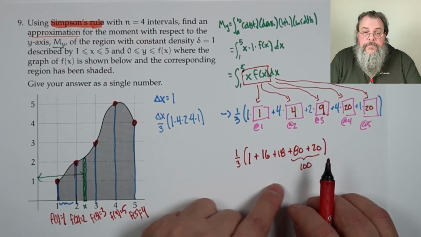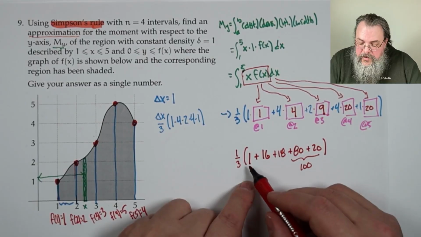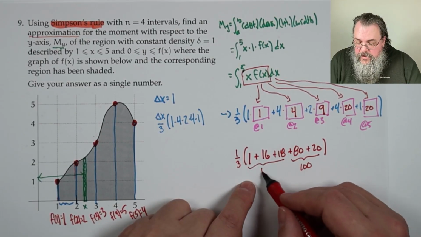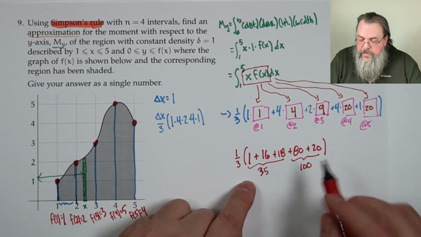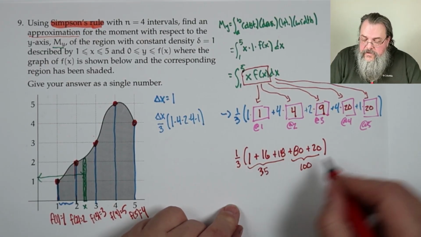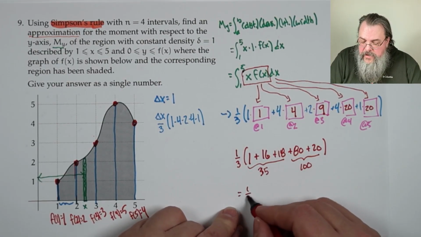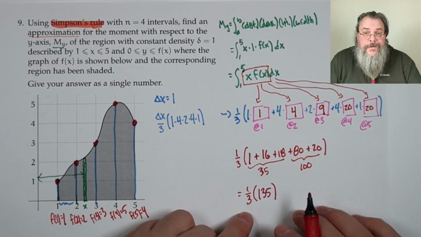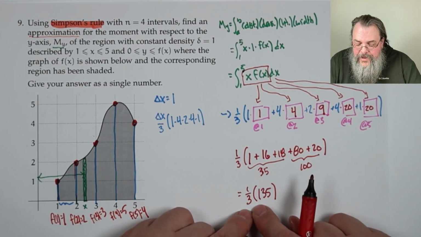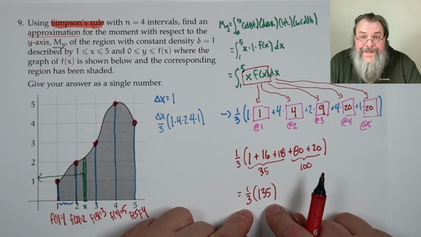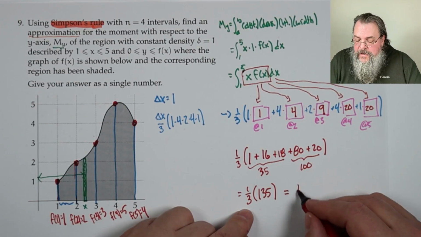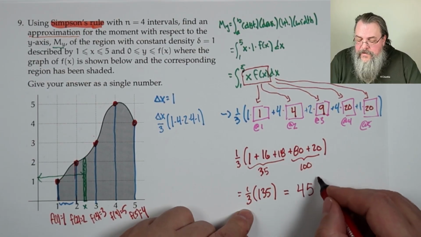That's 100. 16 plus 1 is 17. Plus 18, that makes 35. Plus 100 makes 135. So we get 1/3 times 135. And then we say, well, can you divide 3 into 135? You can. And if you carry that out, that turns out to be 45.